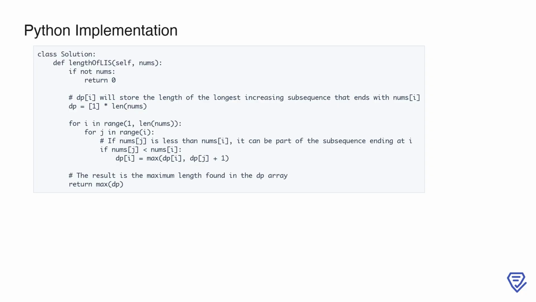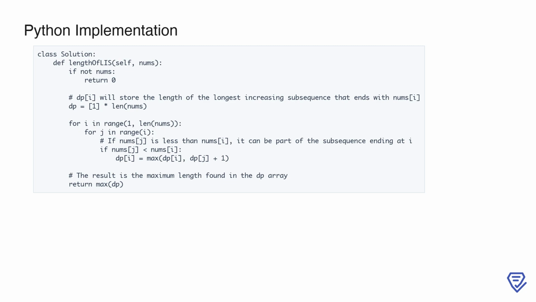3. Nested loops. The outer loop iterates through each element in nums, starting from the second element, and the inner loop checks all previous elements. If a previous element nums[j] is less than the current element nums[i], it means nums[j] can be part of the subsequence ending at nums[i].